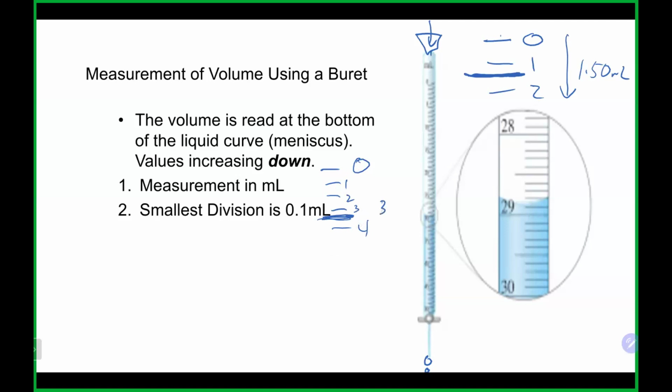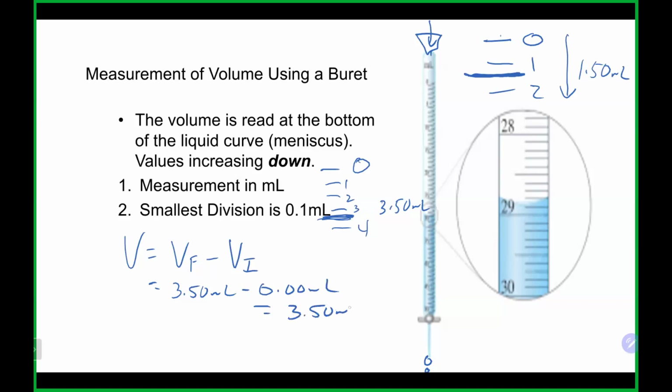And we would end up at 3.5 milliliters. We'll just say we have that many markings to go that far. To find the actual volume you delivered, the volume would be the final volume minus the initial volume. So in this case, in my made-up example, 3.5 milliliters minus 0.0 milliliters means I added 3.5 milliliters or whatever was in there.